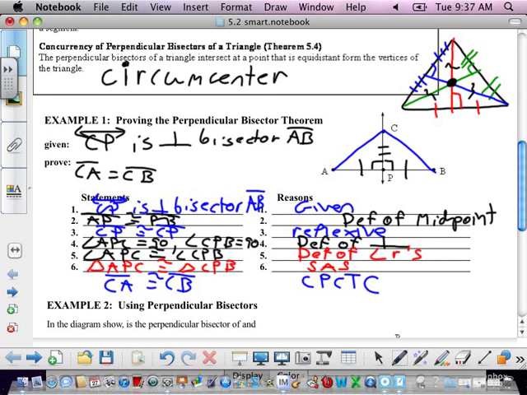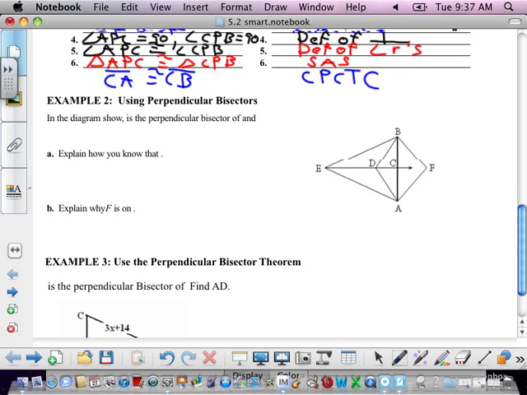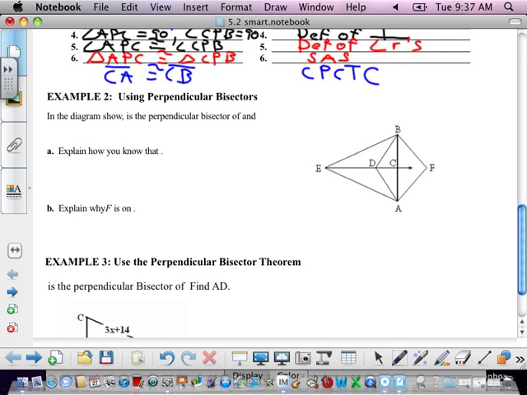Okay. You ready? I'm going to flip it over. So in the diagram, yes, there's a typo.